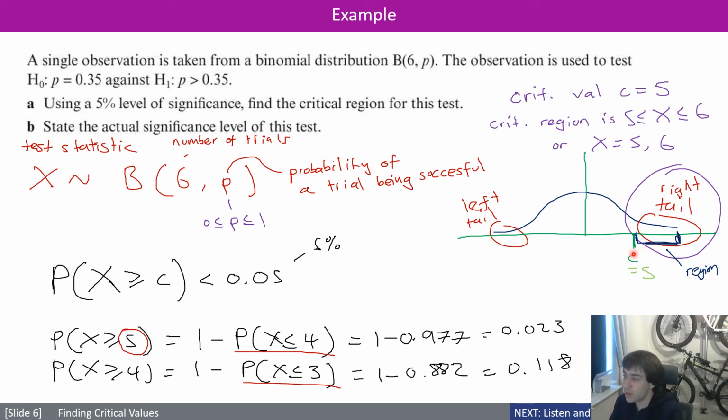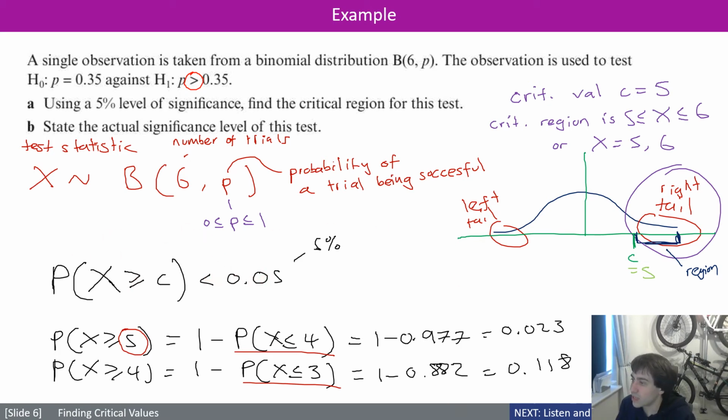And then just keep in mind, throughout all of this, we've always been working with the right tail. If the only thing we did to this question was flip that greater than to a less than, then the question would change to working with the left tail, which would mean these calculations would be a bit easier because we'd flip this greater than or equal to a less than or equal to. This would stay the same.